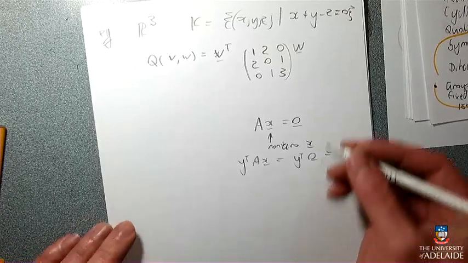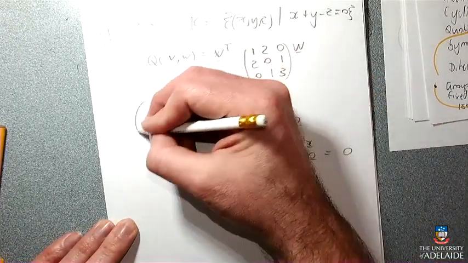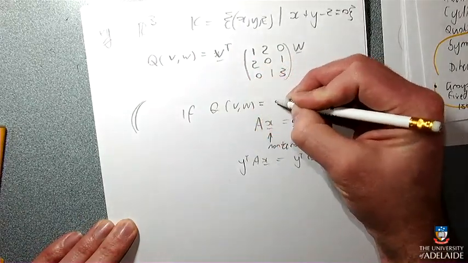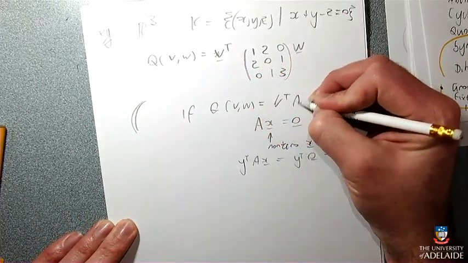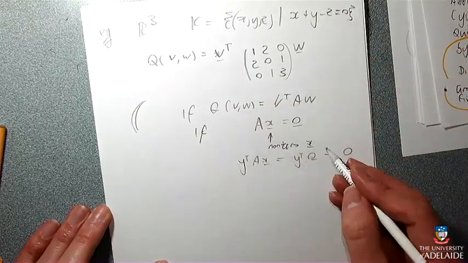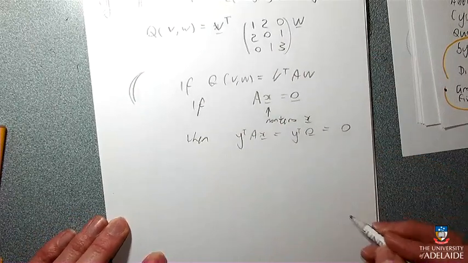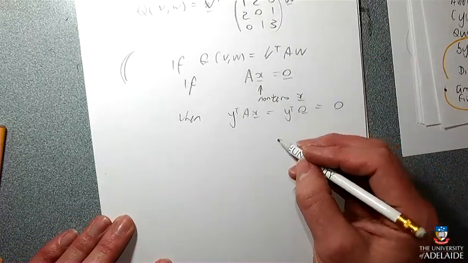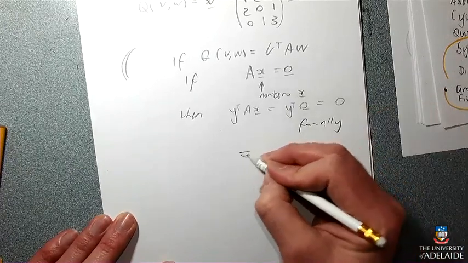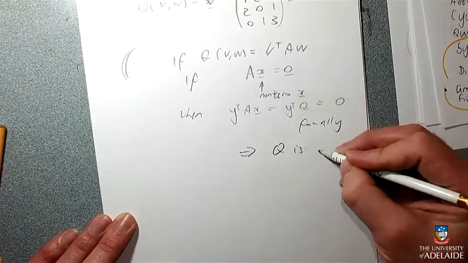So if q of v, w is v transpose A w, and if Ax equals 0 for a non-zero x, then this equals 0 for all y, and that means that q is degenerate.